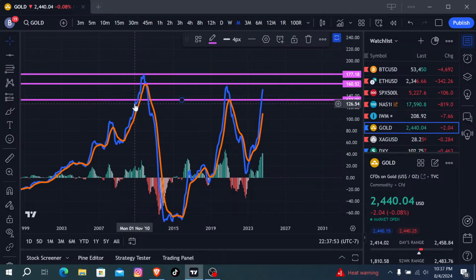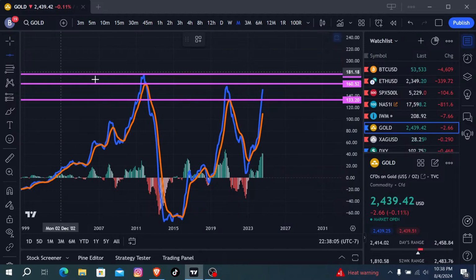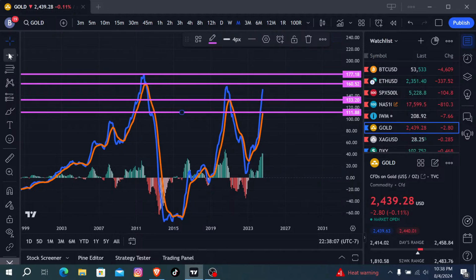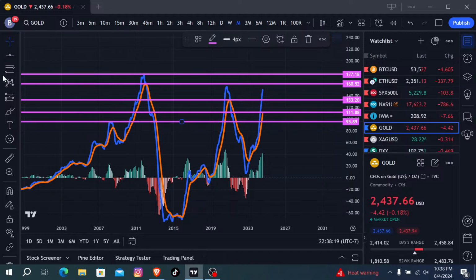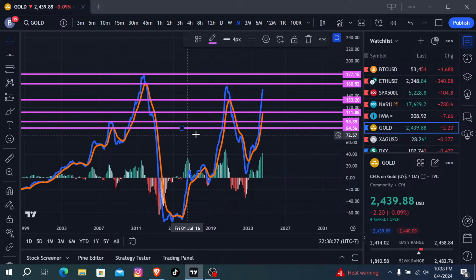Then you can see right here too. So in these little areas is when the market also made a move up, like right here, right here, right here, right here, right here. Alright, anyways. You can see how they also react to those certain lines. It's right here, right here, right there, right here, right here.